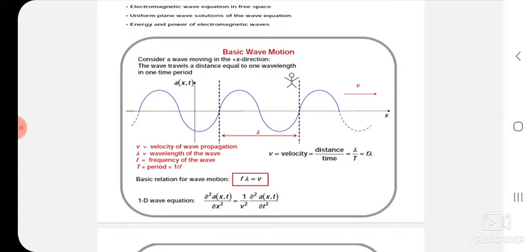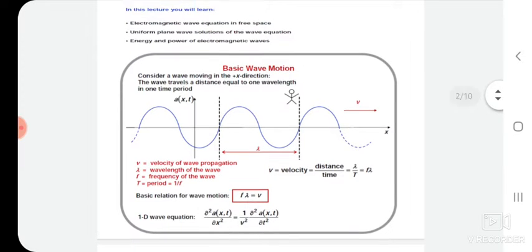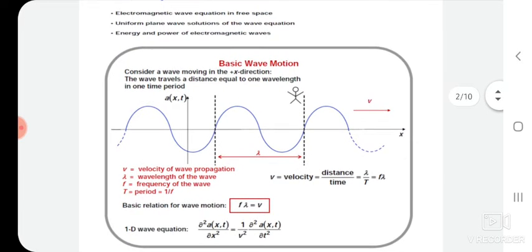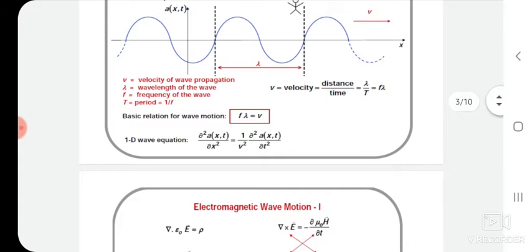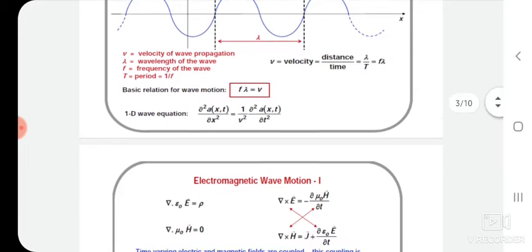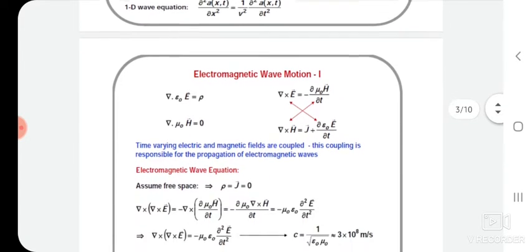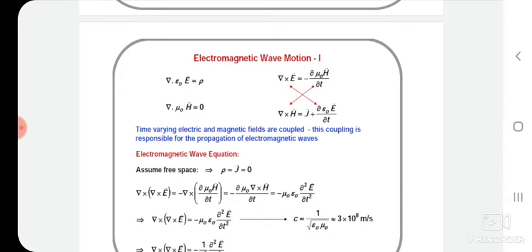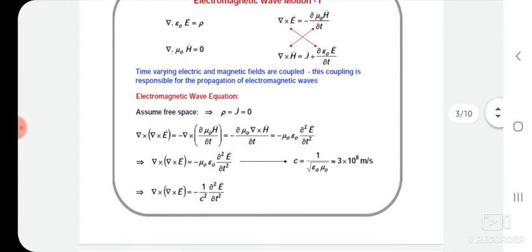In the last lecture, we were solving the electromagnetic wave equation in free space, and we are matching that equation with an ordinary one-dimensional equation by using Maxwell's equations.